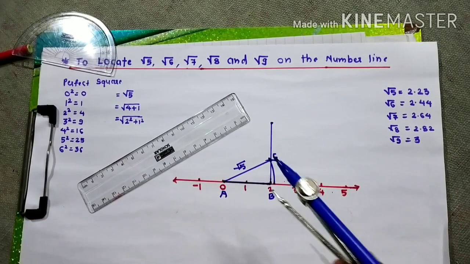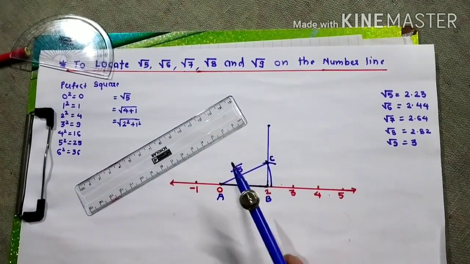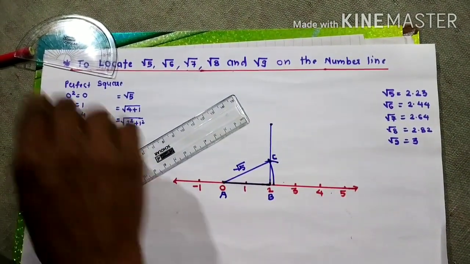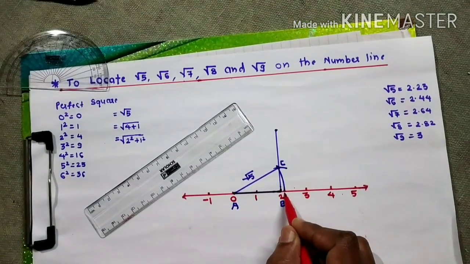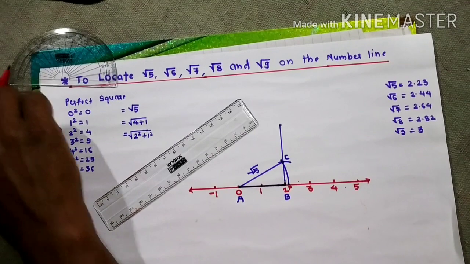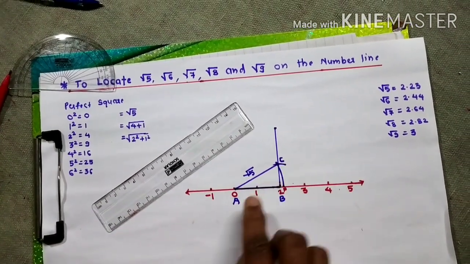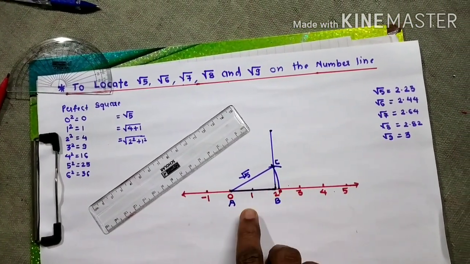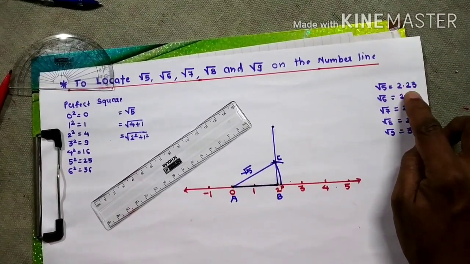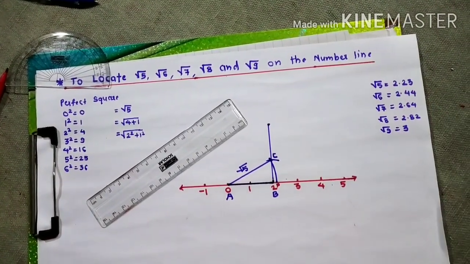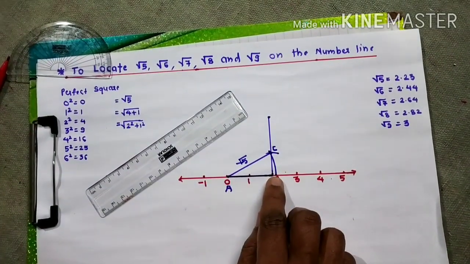So this is the distance root 5. Let us name this point P. So the value of AC and AP is equal to root 5. The value of root 5 is 2.23, so 2.23 will come here.